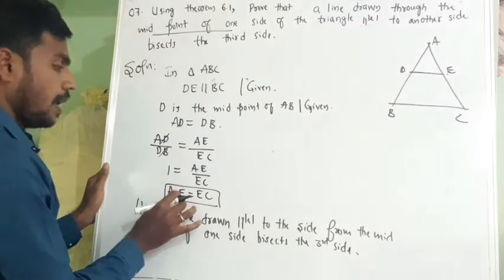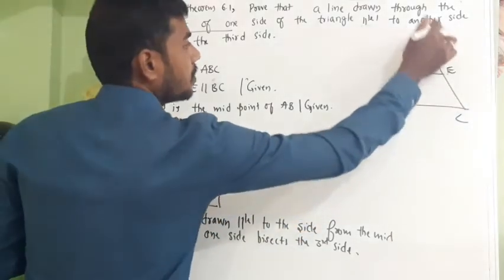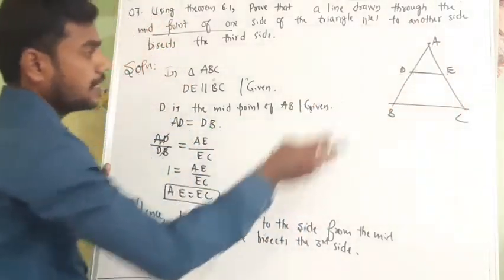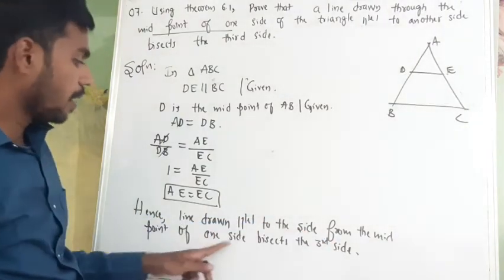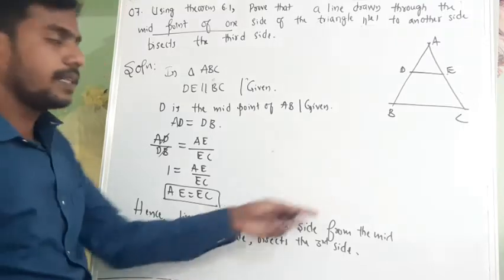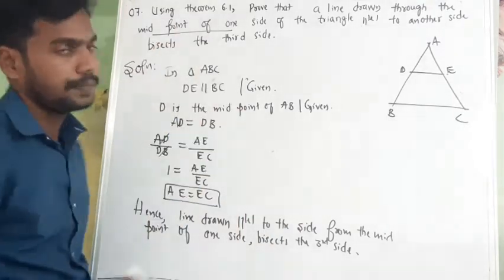Here AE is equal to EC means this DE is bisecting AC, that is AE is equal to EC. Since a line drawn parallel to the side from the midpoint of one side bisects the third side. Please note this down.